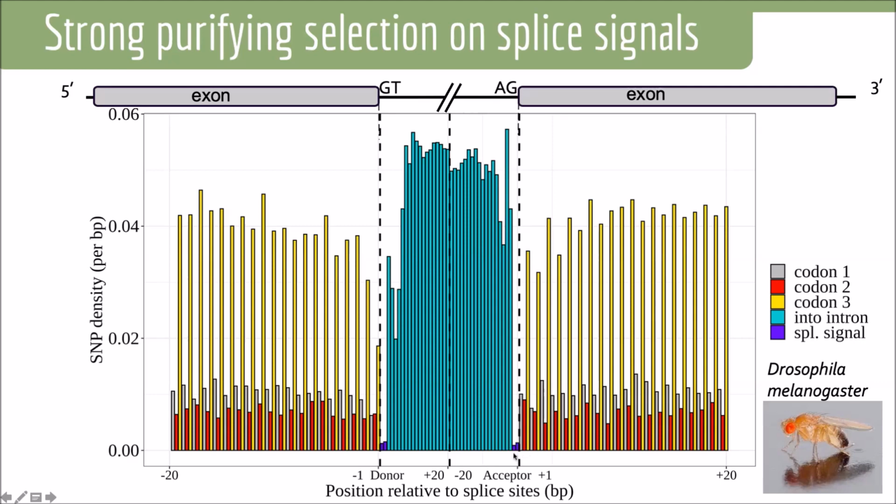And as you can see, the level of polymorphism is very low at splice donor and splice acceptor, which simply indicates that these sites are under very strong purifying selection. So most mutations at these two sites are strongly counter-selected.